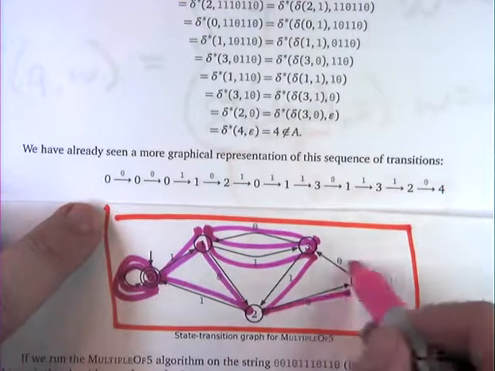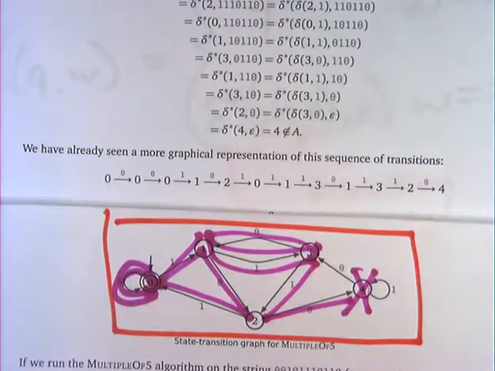Then I read 0, and I end here. And any string of zeros and ones is going to specify a unique walk in this graph, starting from the start state, and ending at sigma star of S comma W, where the transition function sends me if I start at S and I read string W.